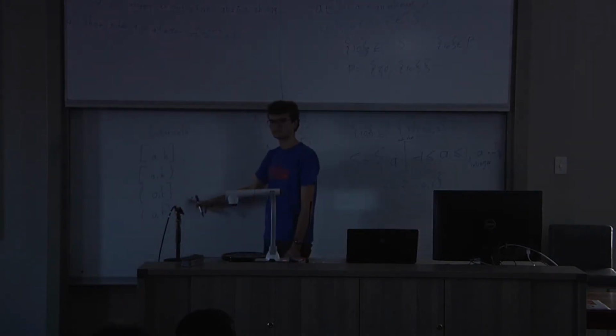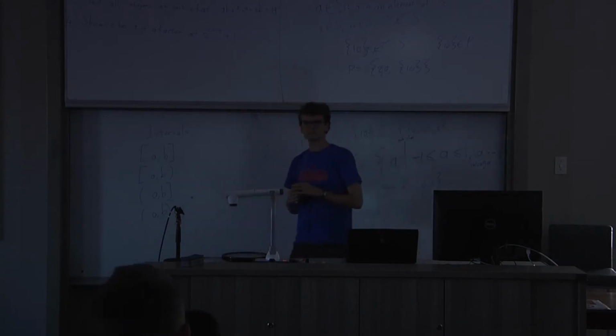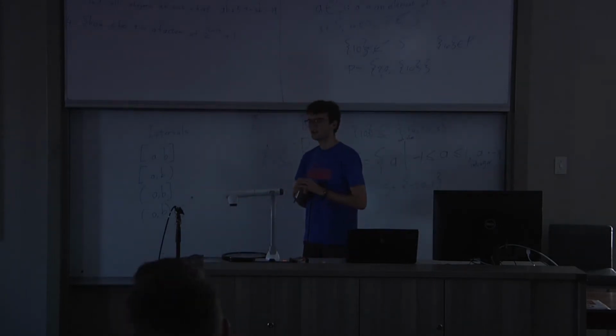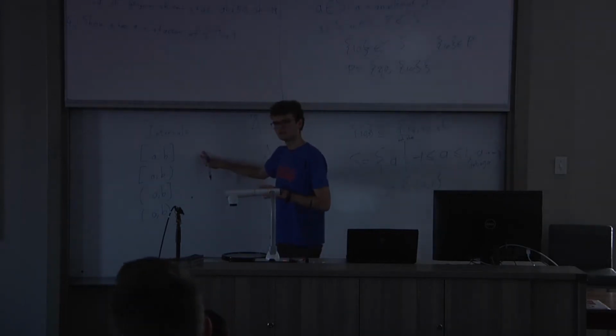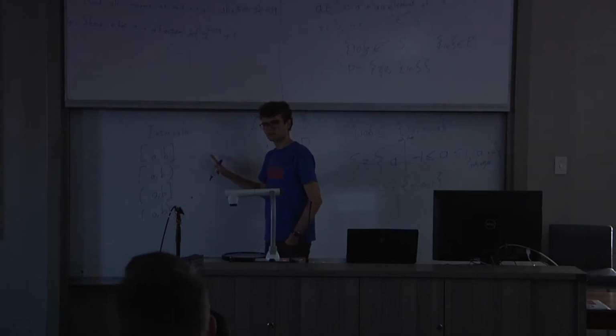Those are all 4 of them. They're very similar, so it shouldn't be too bad to learn them. Has anyone seen this before? Okay. So the first one is from A, including A, up to B. They include both A and B. Okay. Do you want to try writing that as a set?